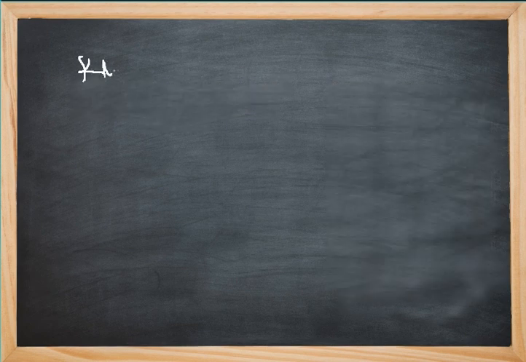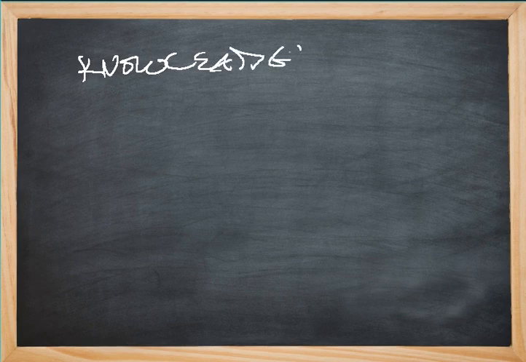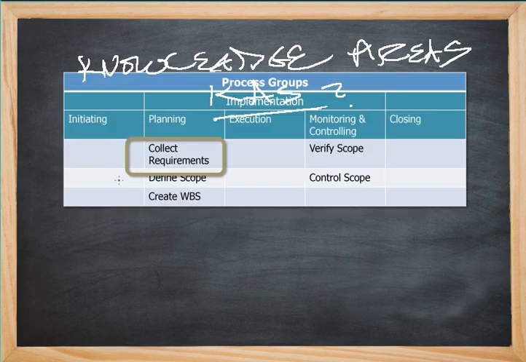What about the knowledge areas that we've talked about before with PMI teachings? Used and defined in the PMBOK guide. Knowledge areas. We tend to call those KAs. The project scope management knowledge area, one of the first planning processes is collect requirements. You do that before you define the scope, and then ultimately you're going to create your work breakdown structure.